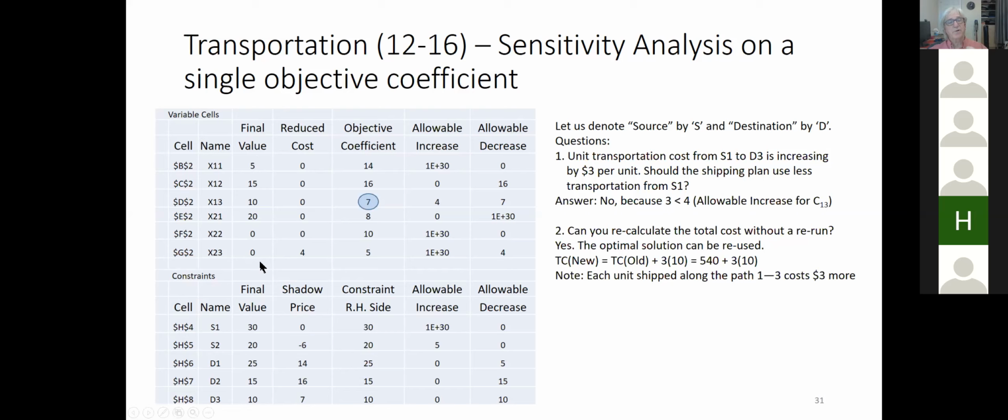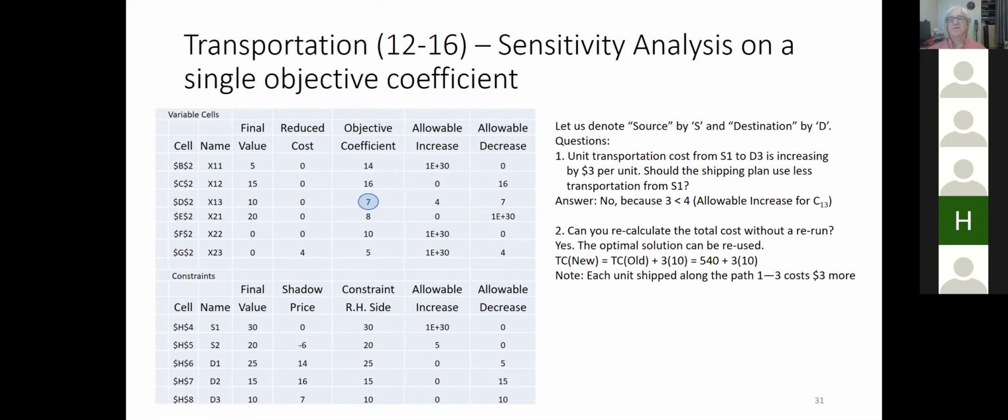The only difference would be that this is 10 instead of 7. Okay, so why not take the old total cost equal to 540 and add to it the additional cost on the route X13. How much is it? $3 per unit more, and $10 remain unchanged. So $30 more, and you have the total cost.